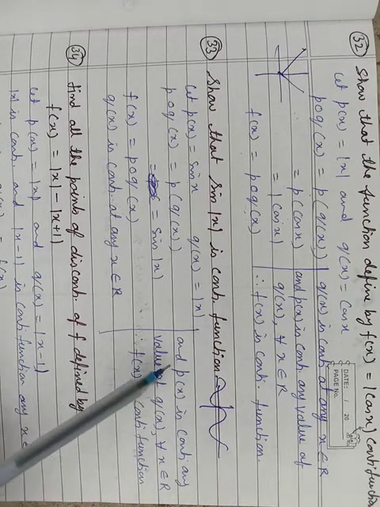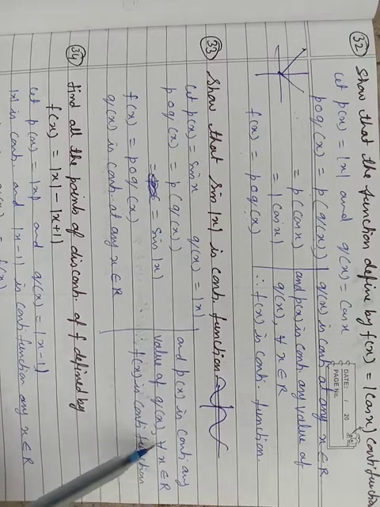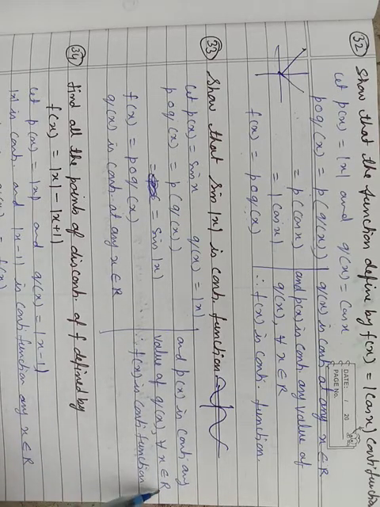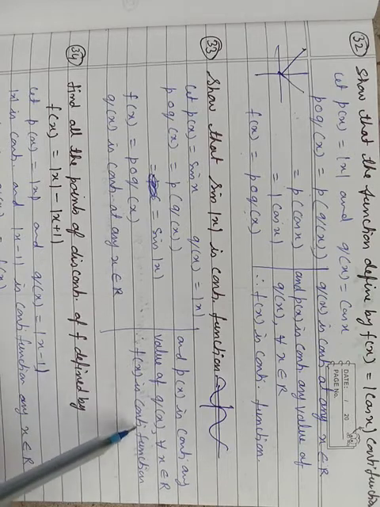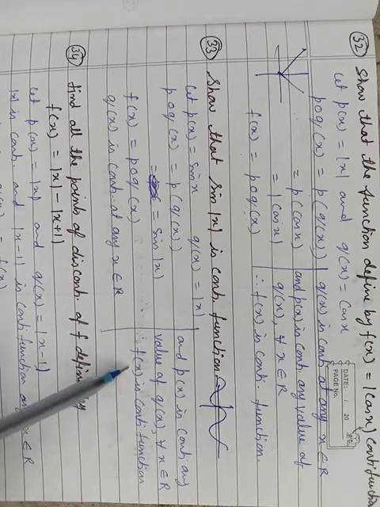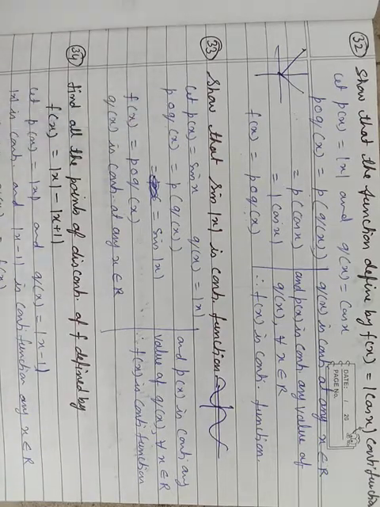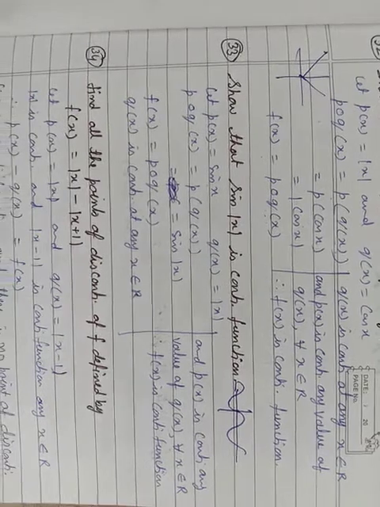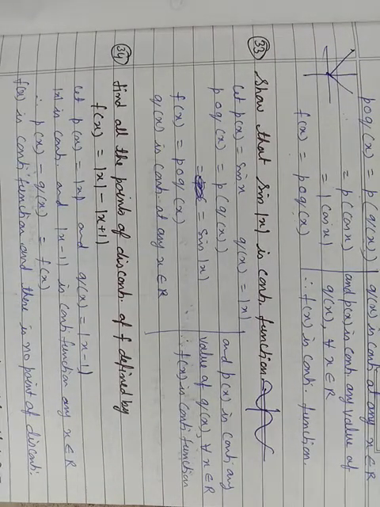So p(x) is continuous, and the value of q(x) for all x belonging to any real number. When everything is continuous, the function f(x) is a continuous function. f(x) is known as p∘q, which means a combination of two functions. Similarly, I will explain question number 34. Clear? Your limit is till now.